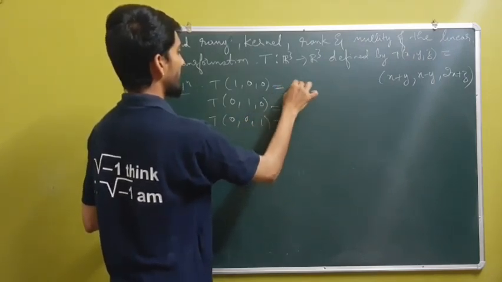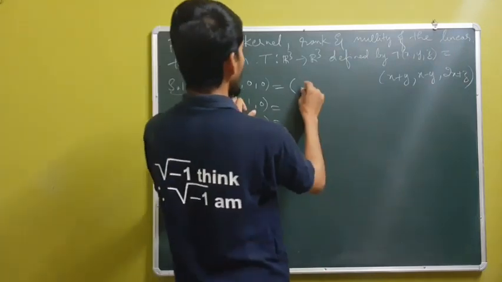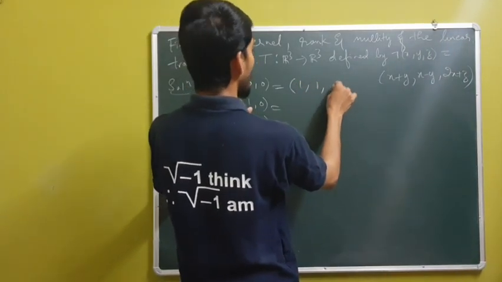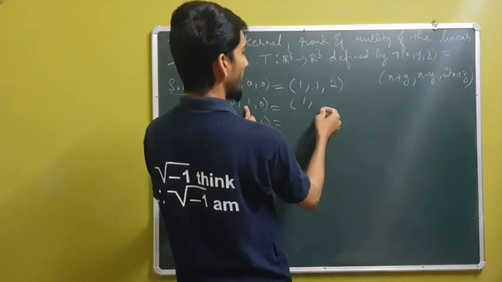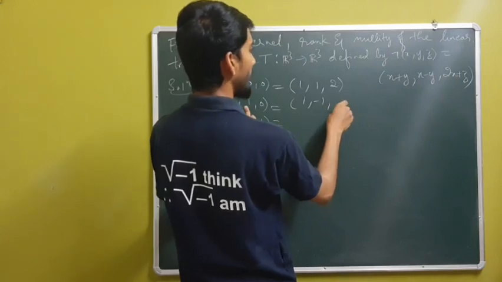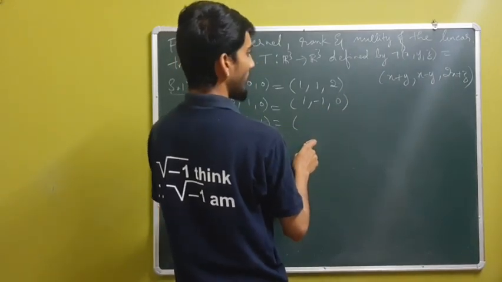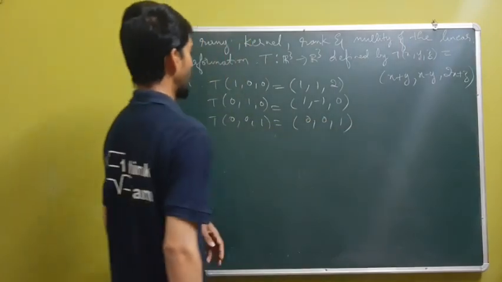So substituting x equal to 1, we get (1, 1, 2), and y equal to 1, we get (1, -1, 0), and z equal to 1, we get (0, 0, 1).